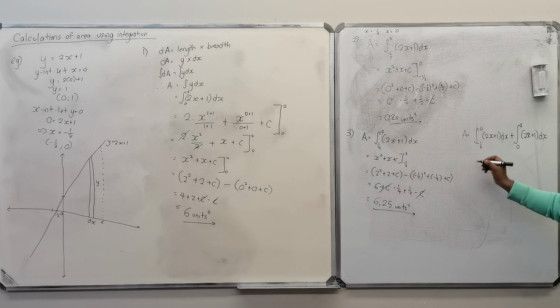We worked out the value, we know that this here is 0.25 plus 6.